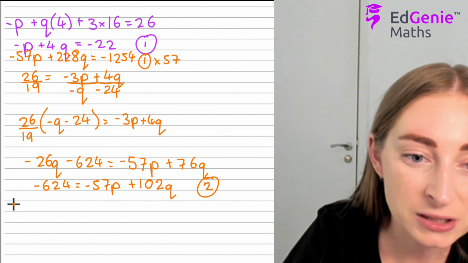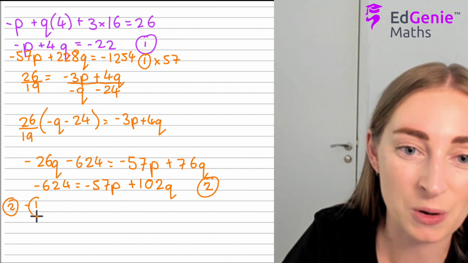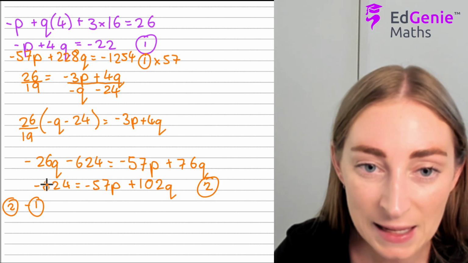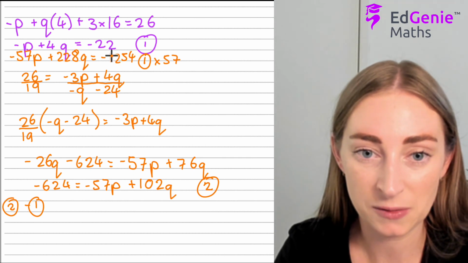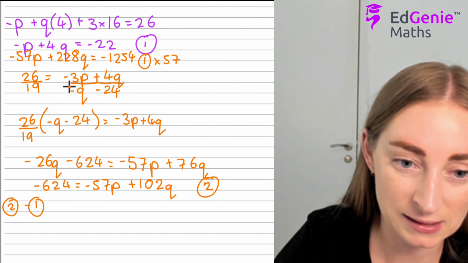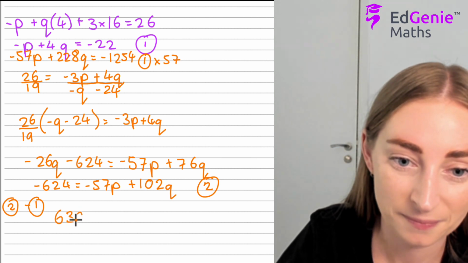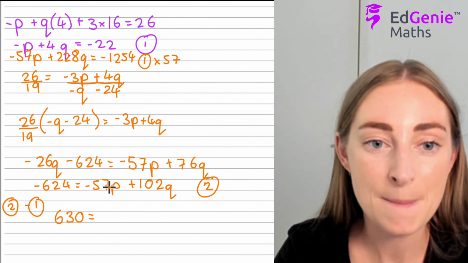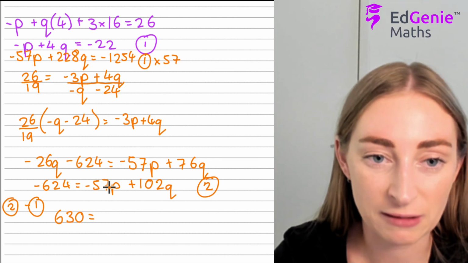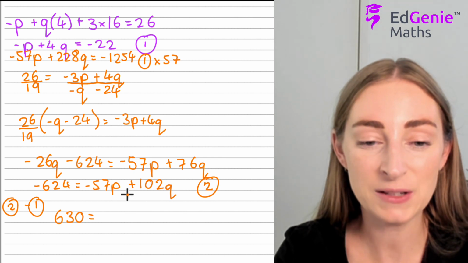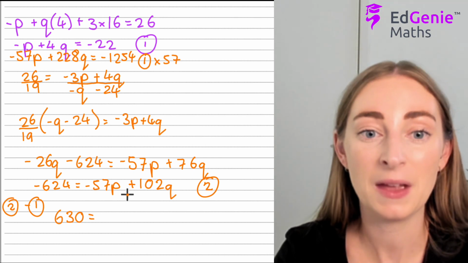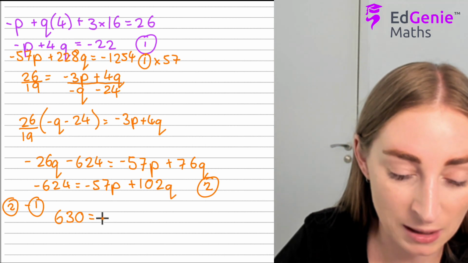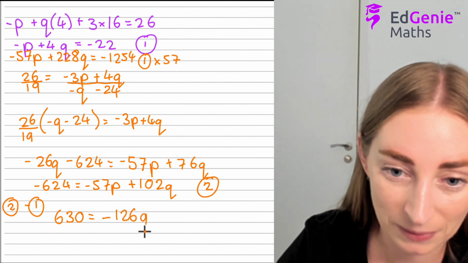Doesn't matter. Equation 2 minus equation 1. So minus 624, take away minus 1254 is 630. Looking at the p's, minus 57 minus negative 57 is 0, which is what we wanted. 102q minus 228q is minus 126q.